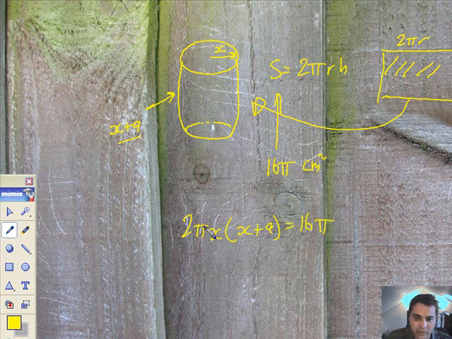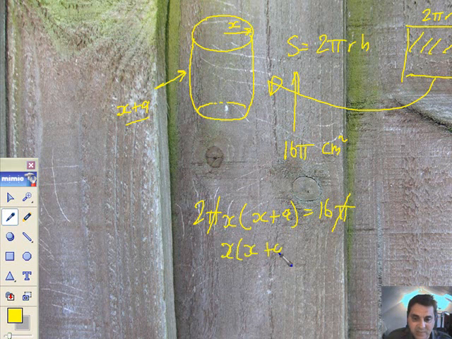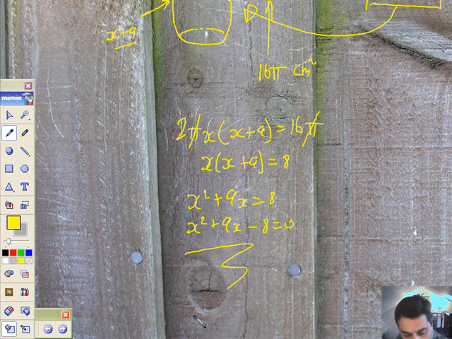The pi disappears straight away by dividing both sides by pi. Then dividing both sides by 2, I have x bracket x plus 9 equals 8. I can multiply out: x squared plus 9x equals 8. Taking it further, x squared plus 9x subtract 8 equals 0, and that is a very beautiful quadratic.